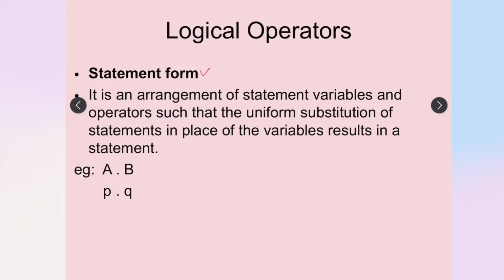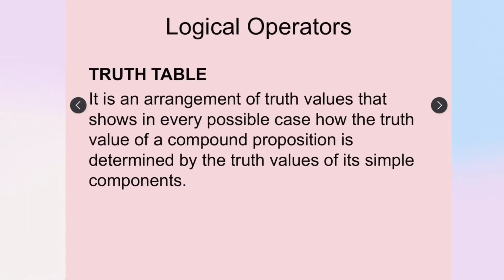It is an arrangement of statement variables and operators such that the uniform substitution of statements in place of variables results in a statement. In this particular example you can see that we have represented statement A by P and statement B by Q. So we have written it in the form of lower case p dot q. So this is a statement form. Again, this statement form p can also be yours, if you uniformly substitute it.